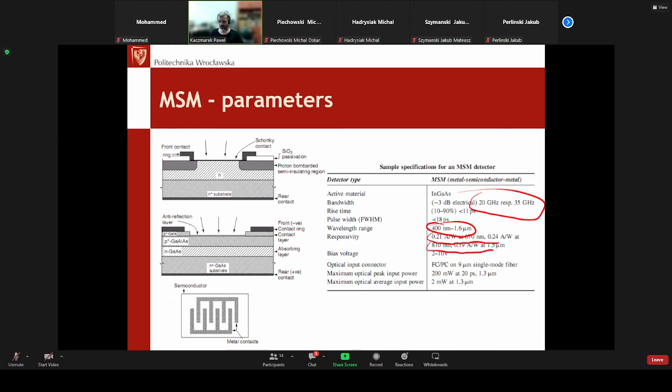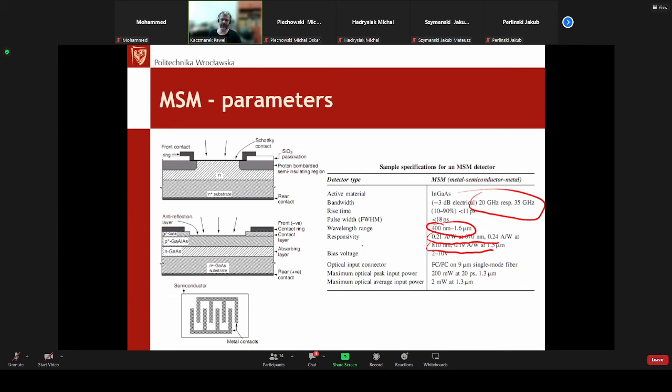Something around 0.2 amperes per watt, so almost 5 times smaller than for a typical PIN photodiode. This is the main disadvantage of such photodetectors.